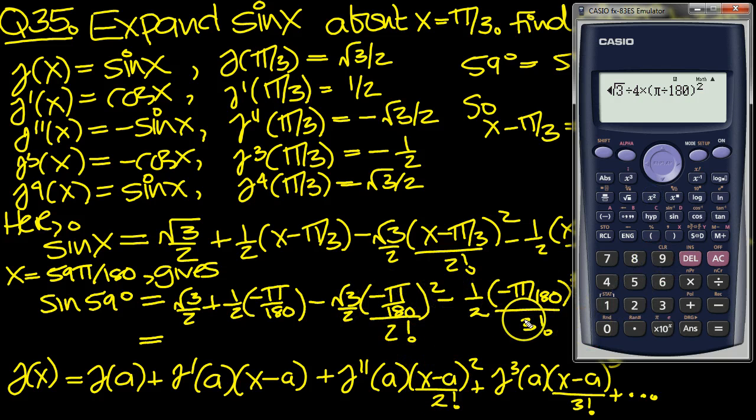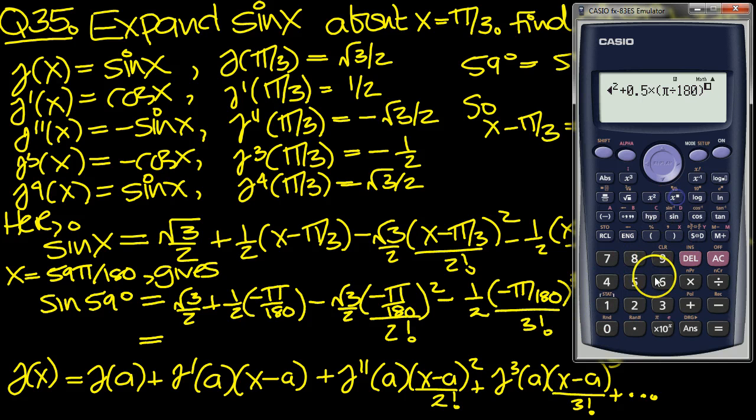Now we'll move on to the cube, which I'm going to be a bit careful about. There's 3 minuses here and a minus here, that makes 4, so it'll be plus 0.5 is the half times this thing, which is pi divided by 180 cubed, isn't it?